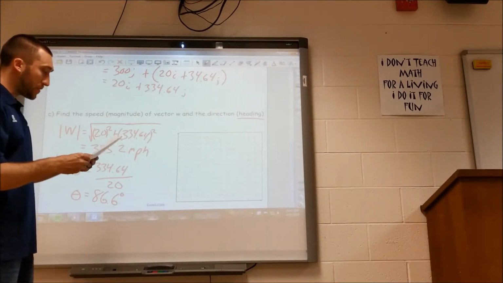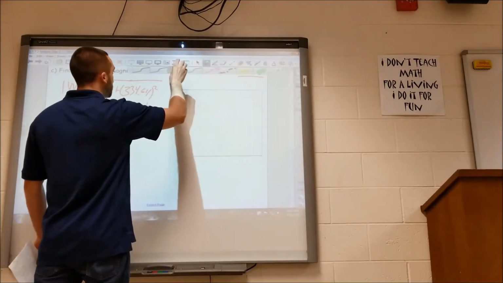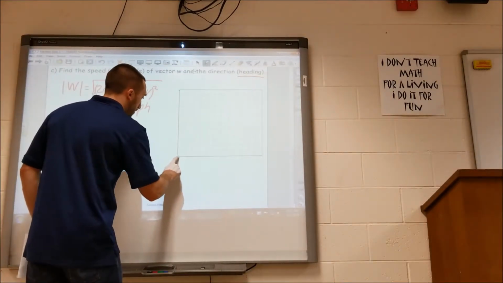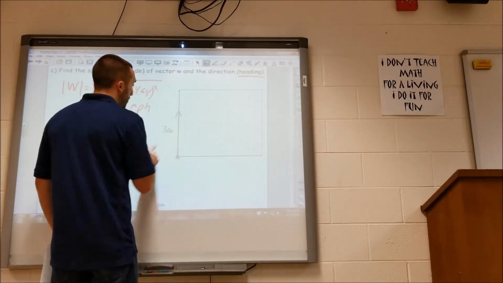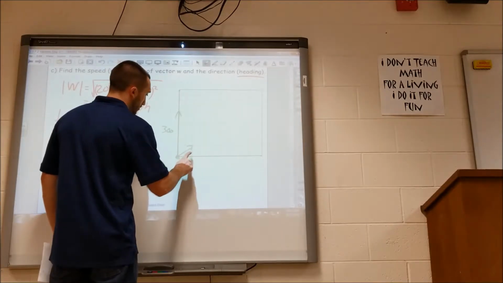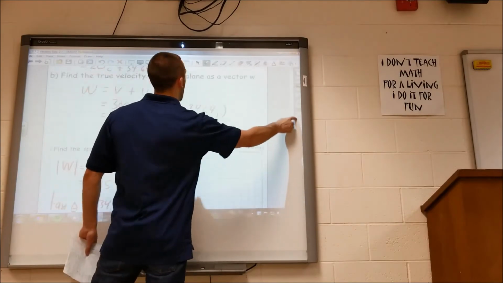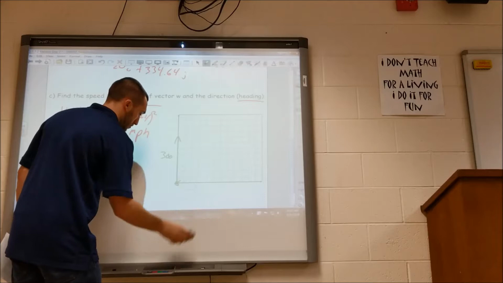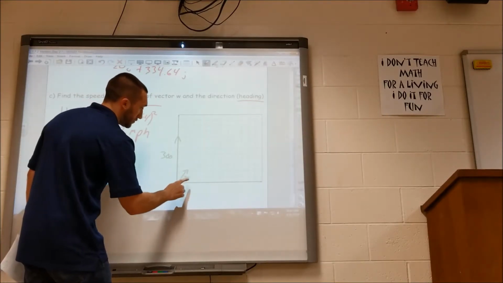So I'm going to give you just a rough sketch of what's happening here. If we had any point P, and we got 300 miles per hour V, that crosswind U that we found, they said that's actually 40 miles per hour, so something like that, and it's at a 30-degree angle.